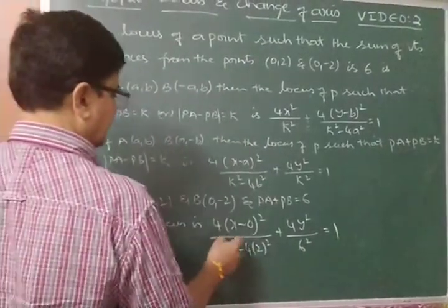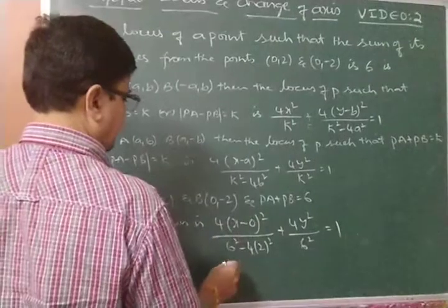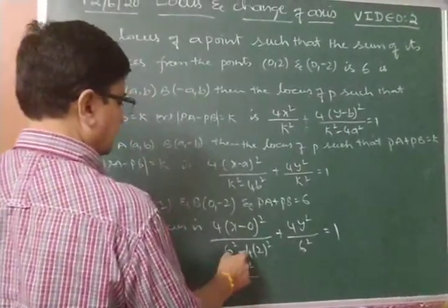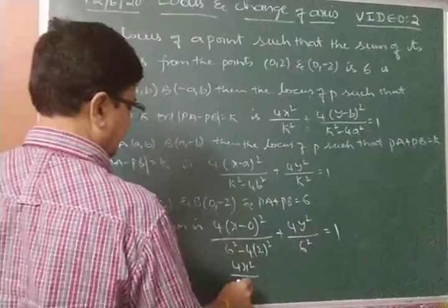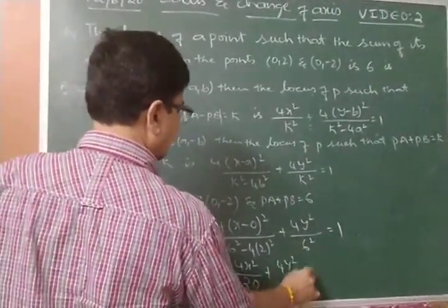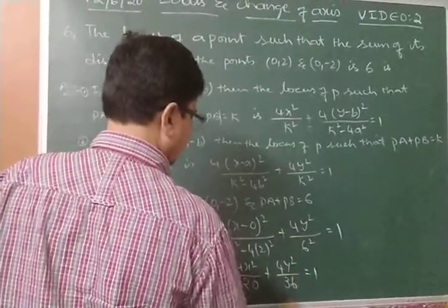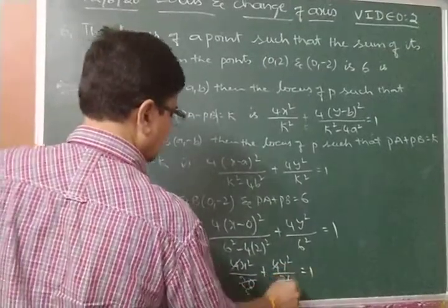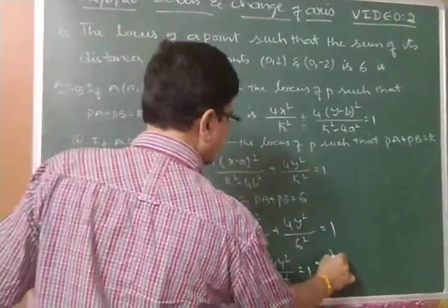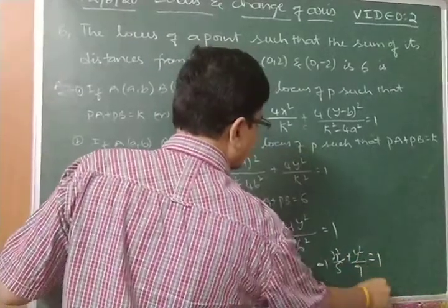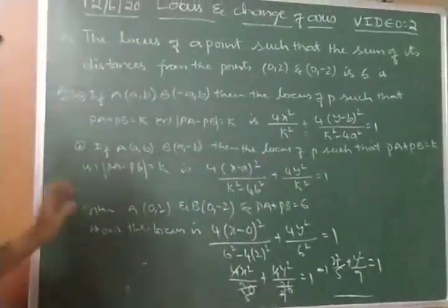Now this is 4x² by (36 - 16), that is 20, plus 4y² by 36 is equal to 1. Now this is 5 times, this is 9 times. So x² by 5 plus y² by 9 is equal to 1, which is the required locus.